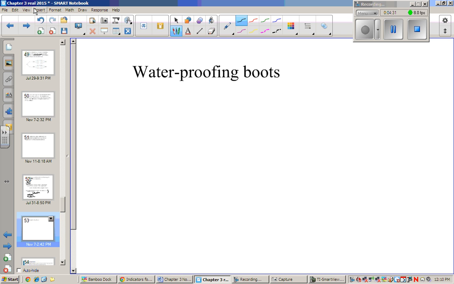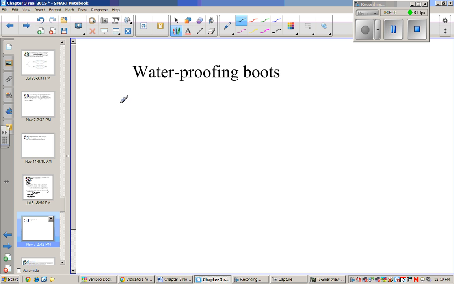There was an AP test question years ago about waterproofing boots, and the goal was to set up an experiment to test a new waterproofing technique for the boots, and they wanted people to figure out what's the best way to run an experiment on that. What they wanted people to get is a matched pairs design, where each person would wear two boots.